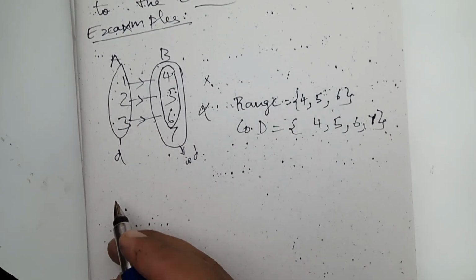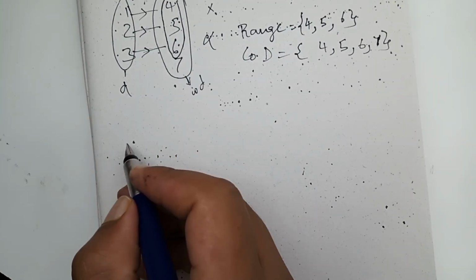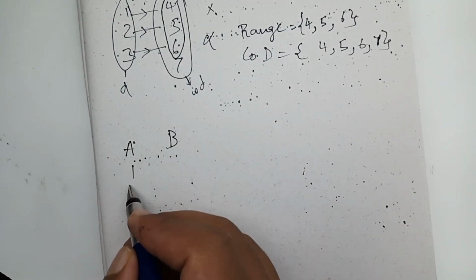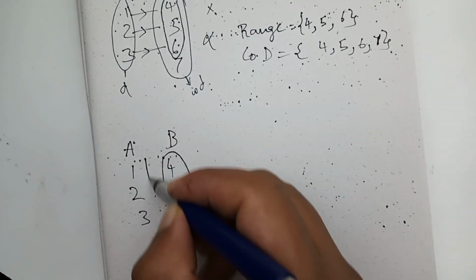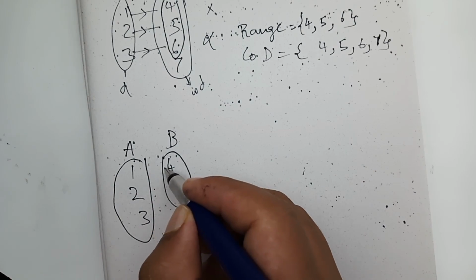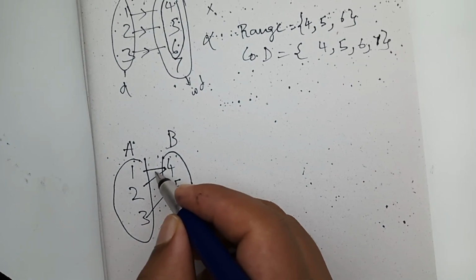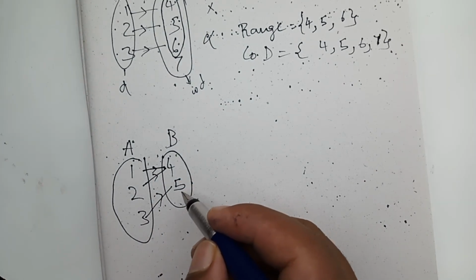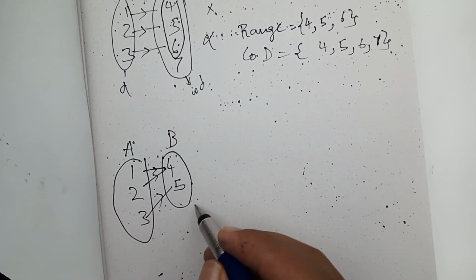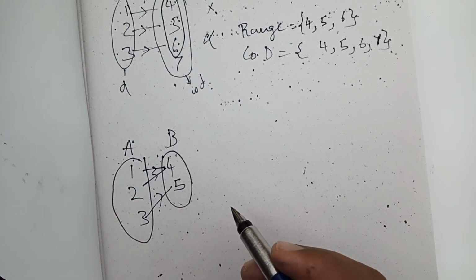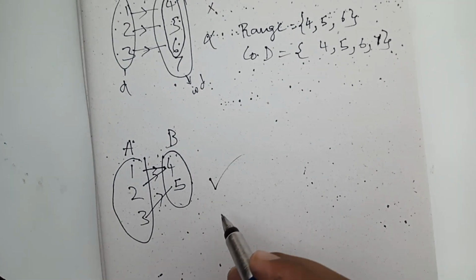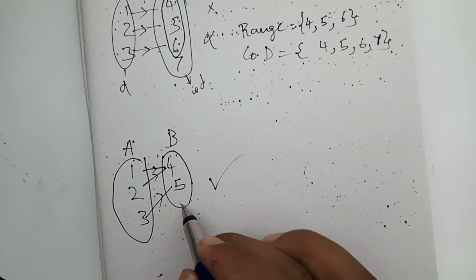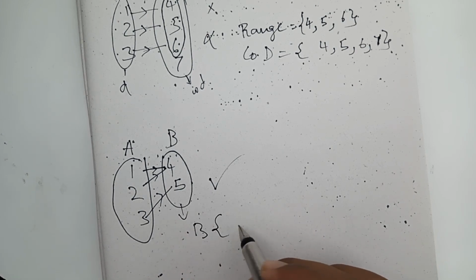The second example is A, B, 1 2 3 4 5. So this is a surjection function, as now the B set, that is the codomain, is 4, 5.